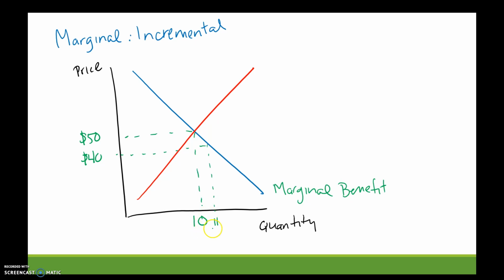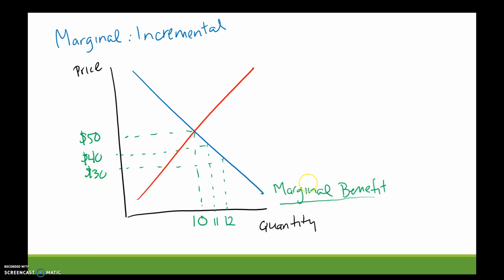So the question is, why would I pay $50 for the 10th pair of shoes and only $40 for the 11th pair? Well, that would be because my marginal or incremental benefit of an 11th pair of shoes is only $40. My marginal benefit of a 12th pair of shoes is only $30. So at any given price, what I'm finding out here is the benefit to me of one additional pair of shoes. That's what that price is telling us.